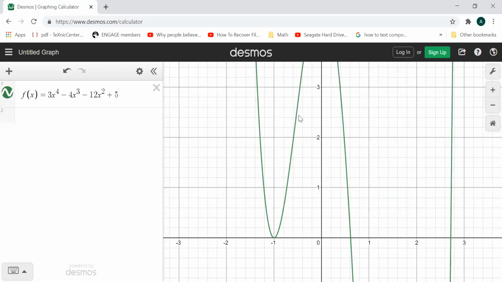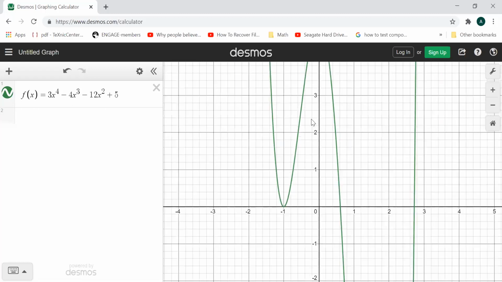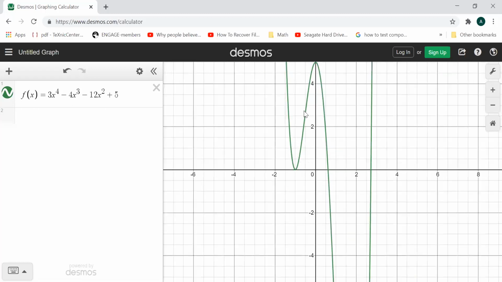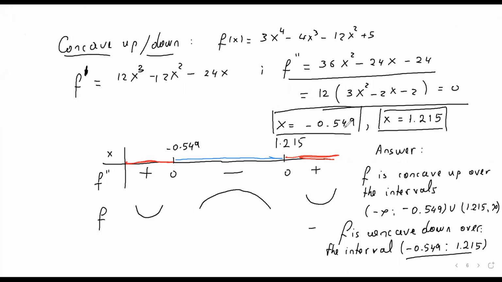So you can see, folks, concave up behavior, there we go, all the way to somewhere here, someplace. Where we actually know exactly from this calculation here. So if we represent the point negative 0.549, let's change that in our graph, negative 0.549.